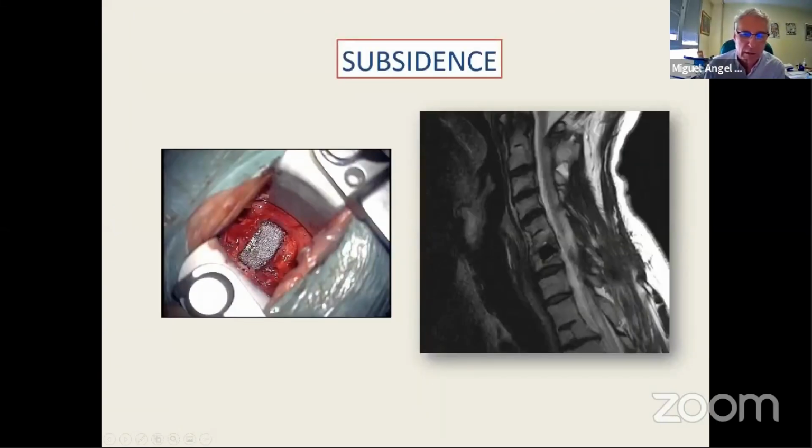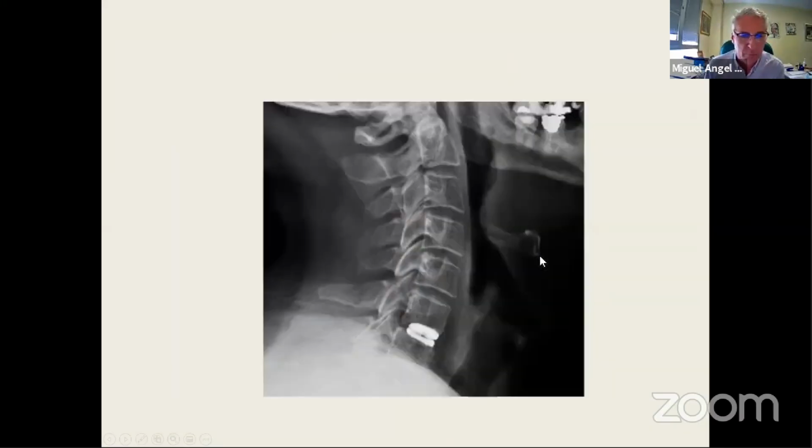And among them, subsidence. This is not arthroplasty, but this is another material, tantalum, and the possibility of subsidence in osteoporotic spine. And in that case, this is one of my personal cases of pseudoarthrosis after anterior arthroplasty.